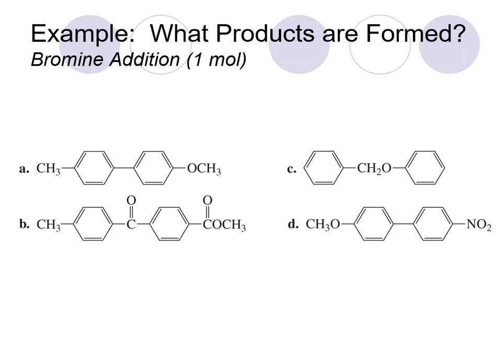Oh, my goodness. What have they done to us now? Example problem. What products are formed? And it's a bromine addition, 1 mole. They give me A, B, C, and D. But the issue here is that there's 2 benzenes, not 1. What do they want me to do?